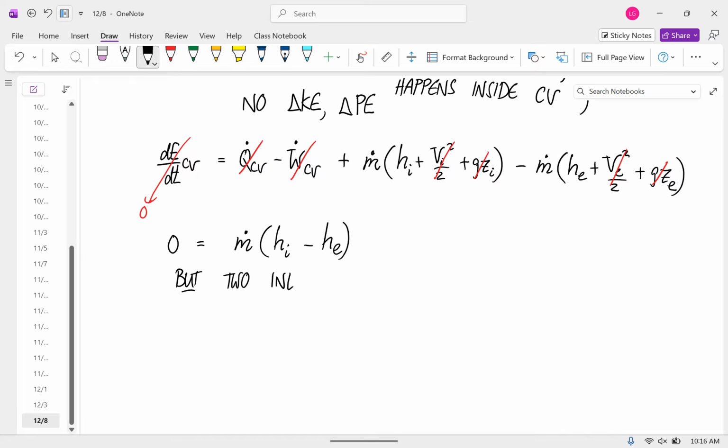So now remember that we have 2 inlets, 2 exits, and 2 mass flow rates.